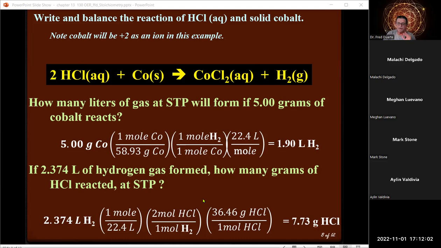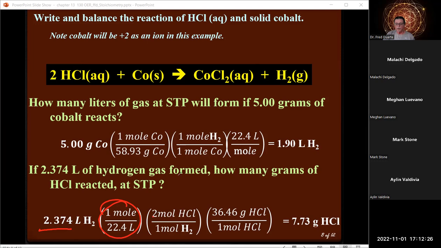Keep in mind, with respect to sig figs, the only factors that could play a role is obviously this conversion factor, which is a measurement. So the 22.4 liters could be a factor in sig figs. And it is in this case, because we start off with 4 sig figs.